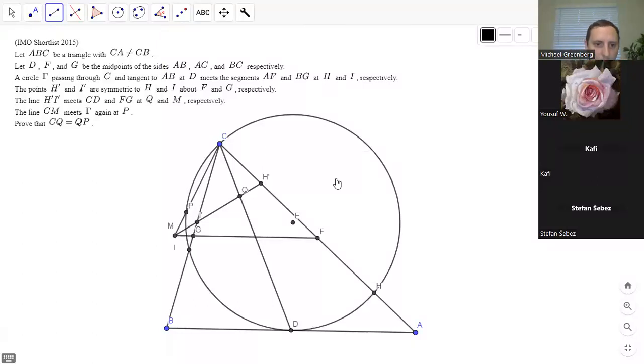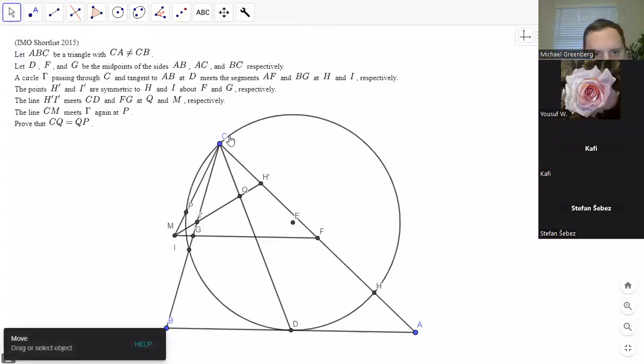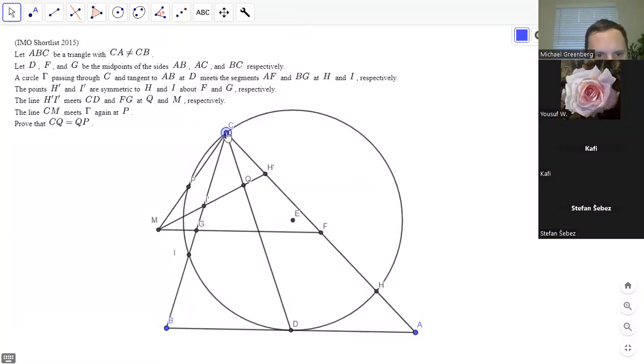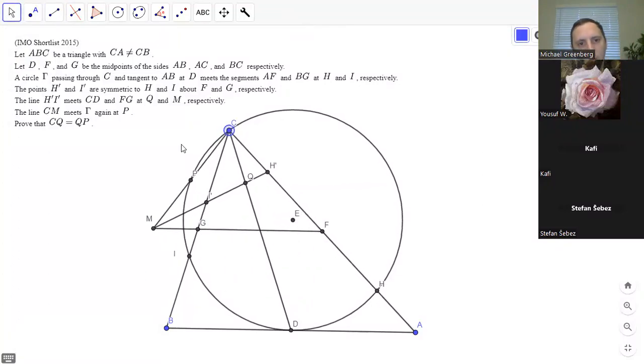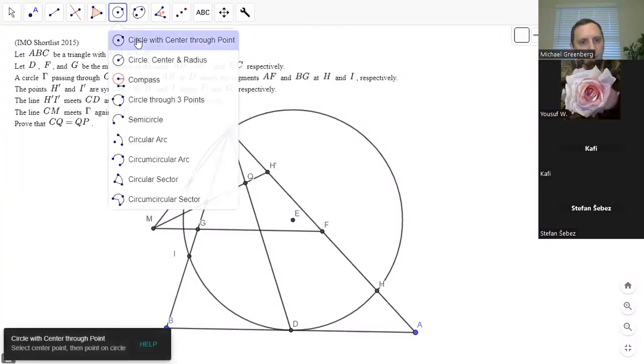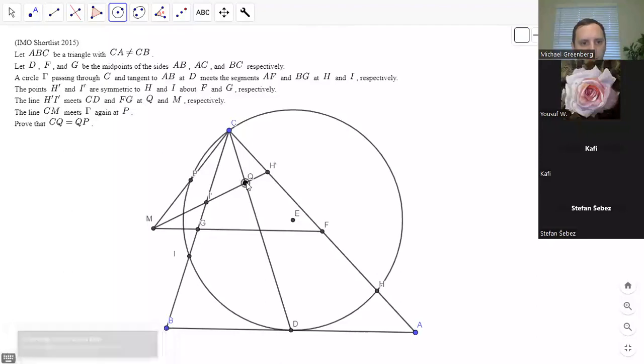So we can say that a circle passing through P and Q with center C. We want to prove that, right? We want to show there's a circle through C and P with center Q. Same thing.